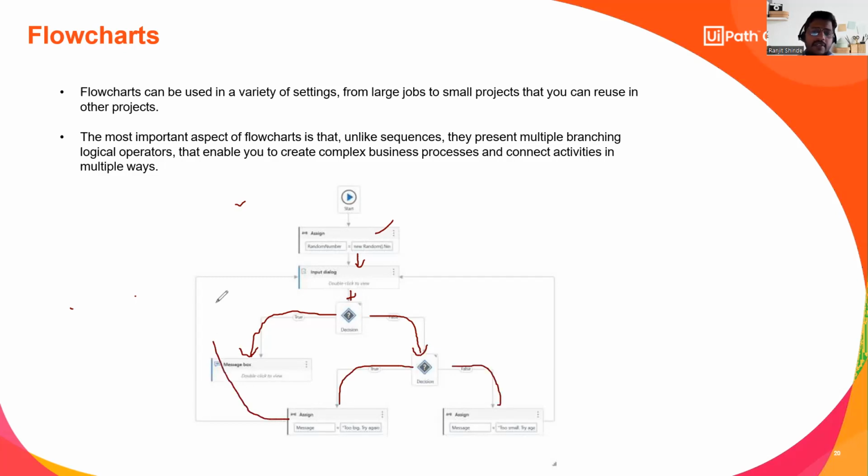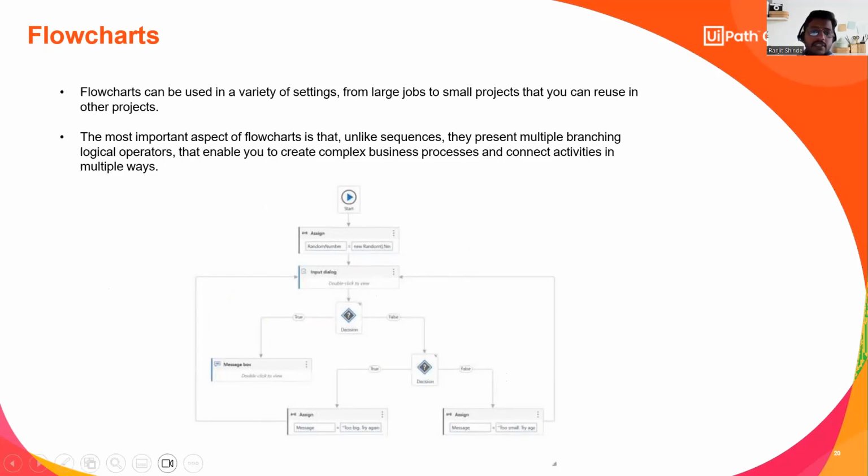Again this activity is connected to the second activity. It means in the flowchart we are building a large process, and in that flowchart one activity is connected with another activity.